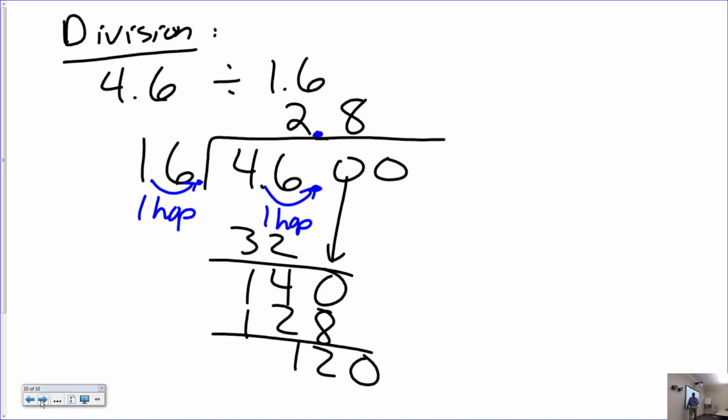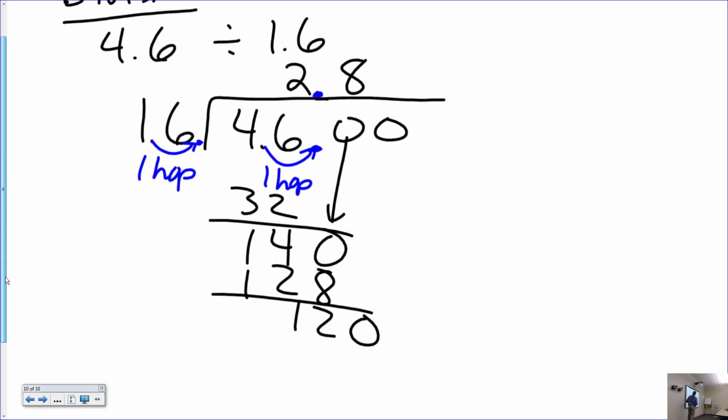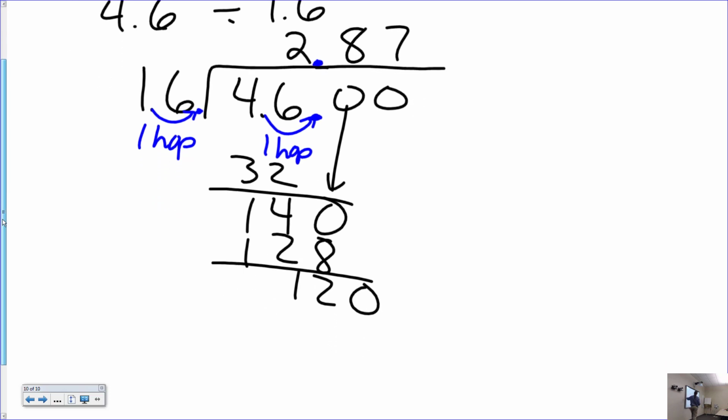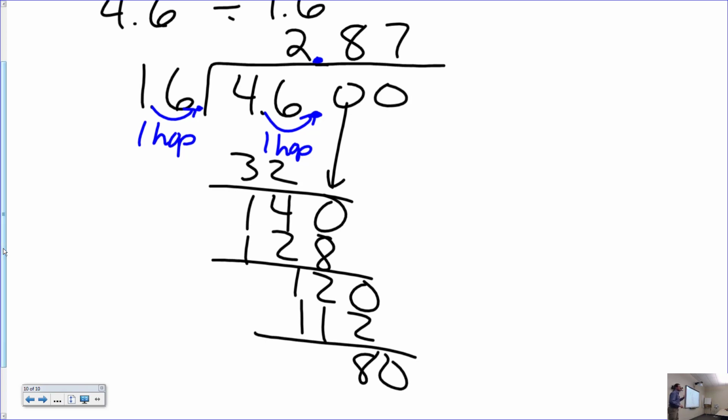Need one more 0, and last but not least, how many times? Oh, not quite least. How many times does 16 go into 120? 7 times, because 8 gives you 128. 112, and here's the last one. Because then you get an 8 and a 0, and how many times does 16 go into 80?